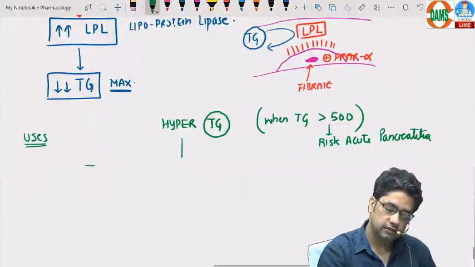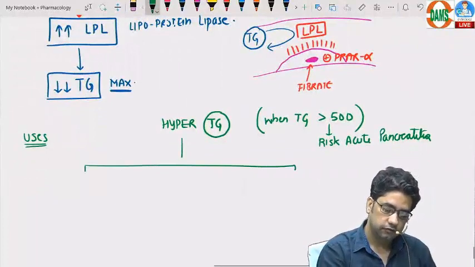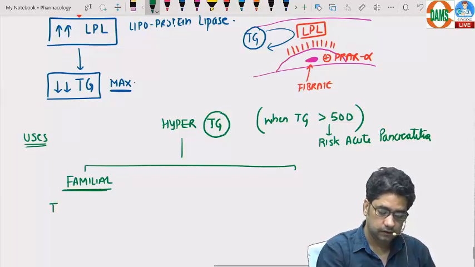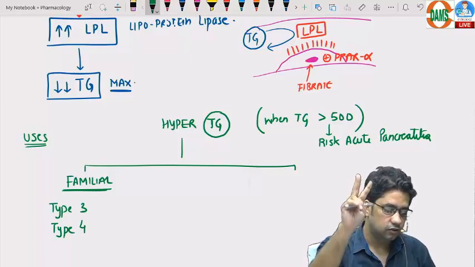Let's see the causes of hypertriglyceridemia. First is familial. You'll write familial type 3 and type 4. What was written with statins, sir? 2 and 5.